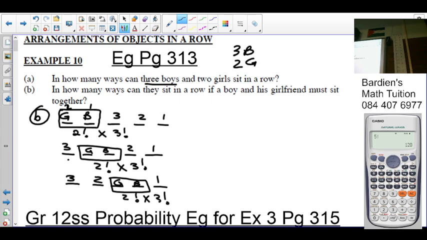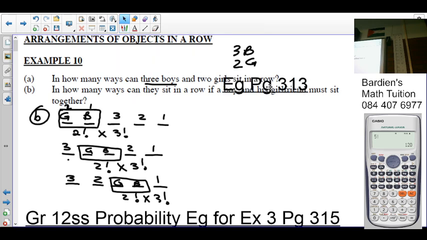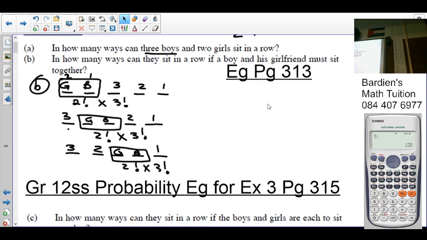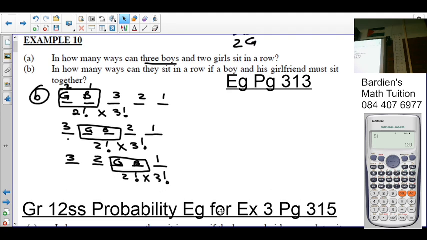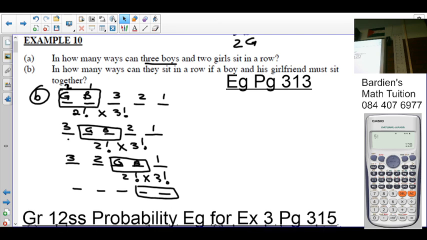Okay. We go one step further. So if the girlfriend and the boyfriend are sitting there together, this should be 2 factorial.